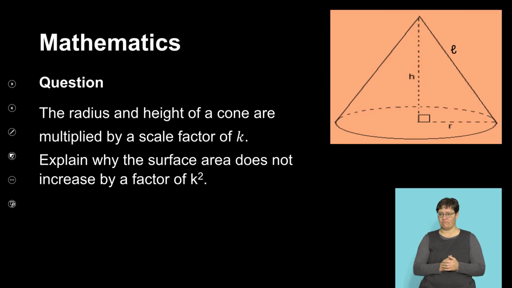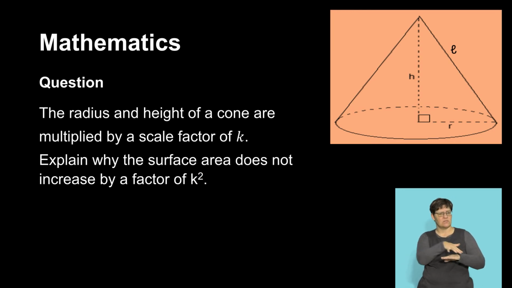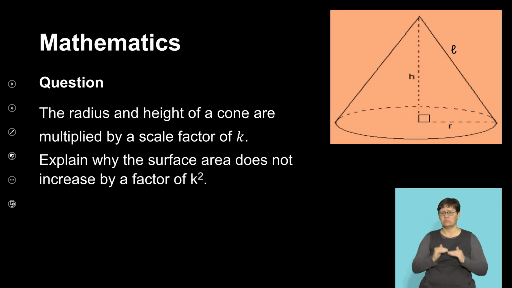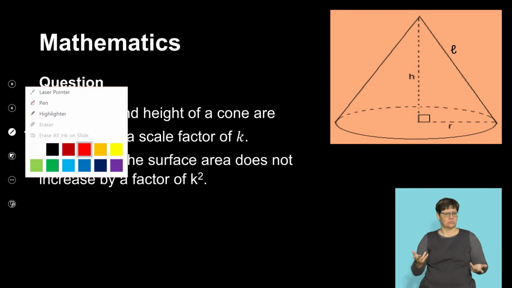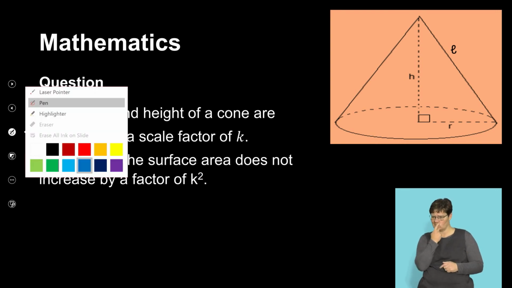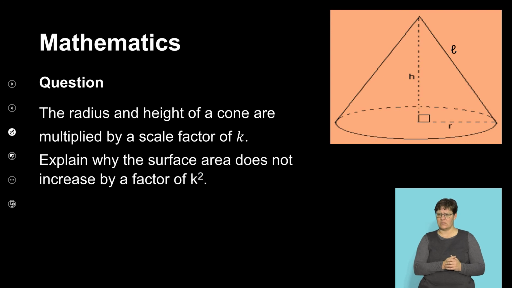So, if the radius and the height of a cone are multiplied by a scale factor of k, explain why the surface area does not increase by a scale factor of k. So this is throwing a bit of a spanner in the works, everyone. We want to know, why is a cone special?